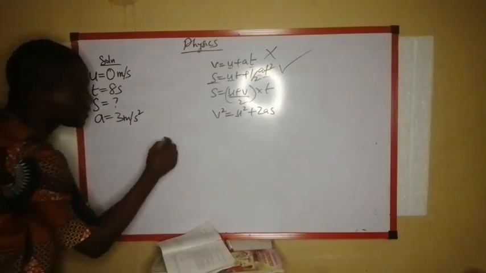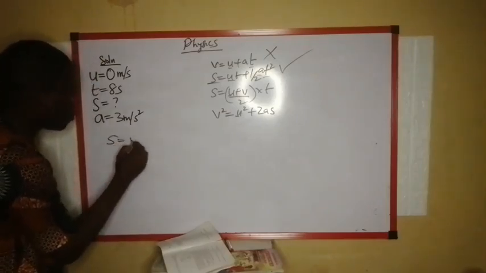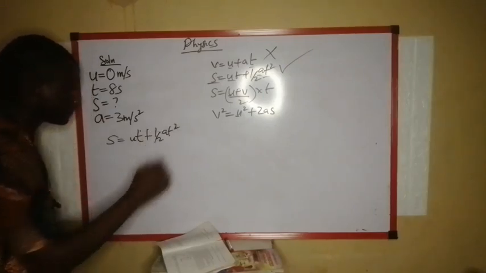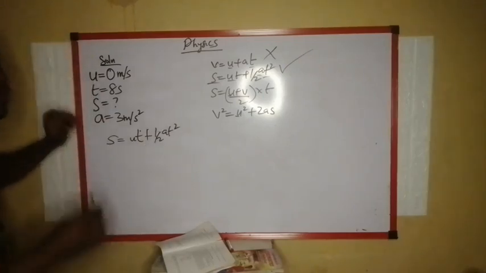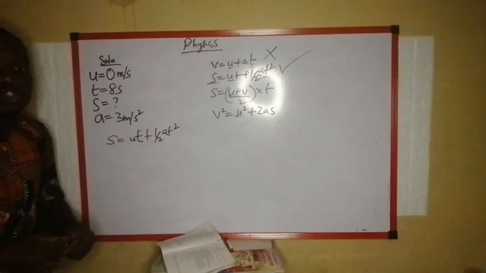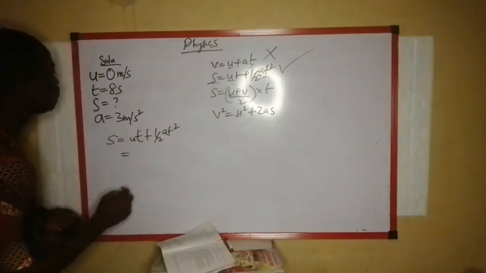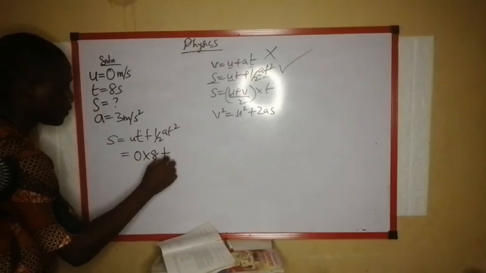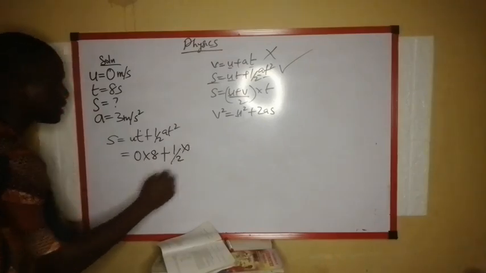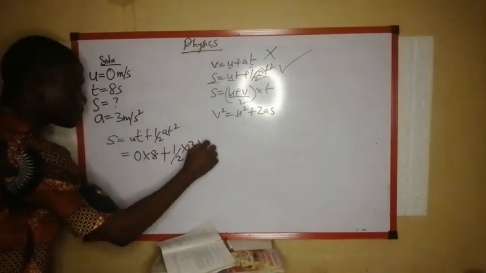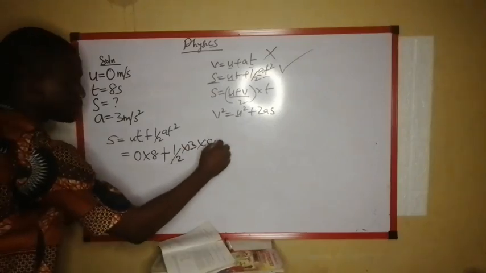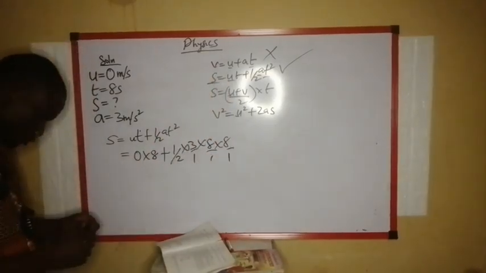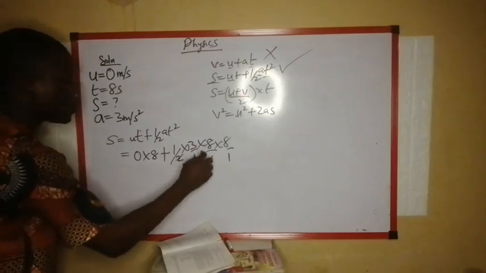So we have s equal to ut plus half at square. We are looking for s already, so we don't need to change our subject or formula. So we have u, which is 0, times t, which is 8, plus half times a, which is 3, times t square, which is 8 times 8. Half of 8 is 4.